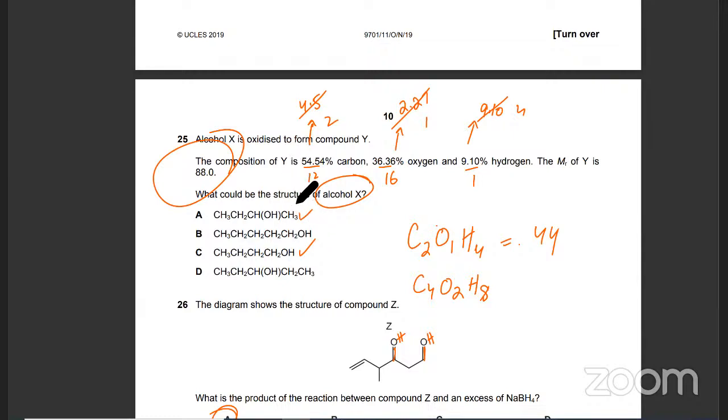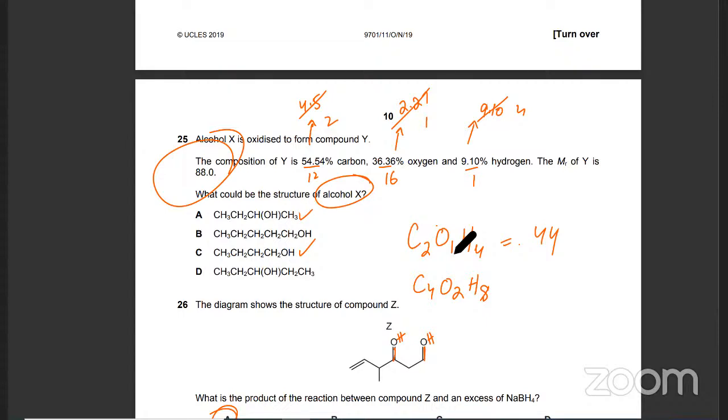Right. So I'm supposed to have an H. So now here's a question: how do you figure out which one it is? It's an alcohol, right? But it could be any one of them, right? So which one is it?